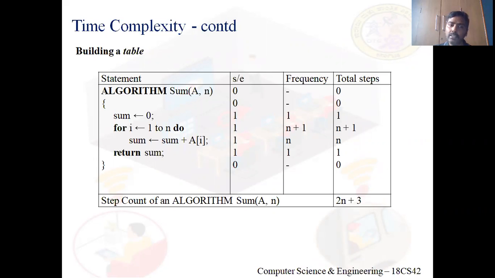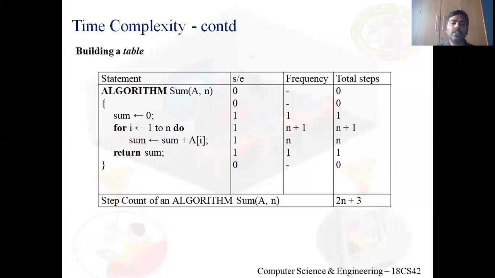When i is n, the condition was true and for got executed the nth time. Now i becomes n plus 1, the condition is checked for the last time, but now control will come out of the for loop because the condition is false. So n plus 1 means n for the true conditions, that is i within the range 1 to n, and plus 1 is when i becomes n plus 1, which makes control come out of the for loop.